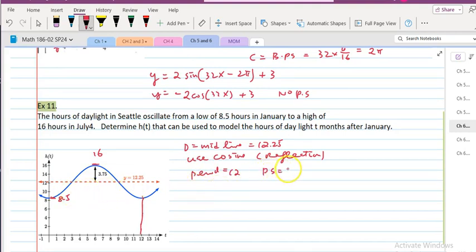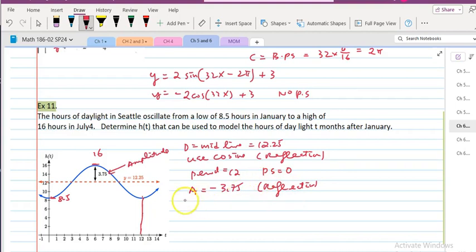Phase shift equal to 0. This is the amplitude, right? The amplitude is equal to 3.75. We do times negative 1 because there is a reflection. Cosine should have no reflection, so negative 3.75. So this is A, the amplitude. Our A is the negative of it because of the reflection.